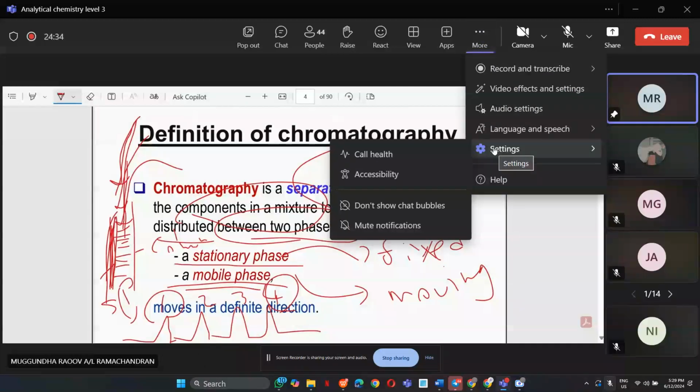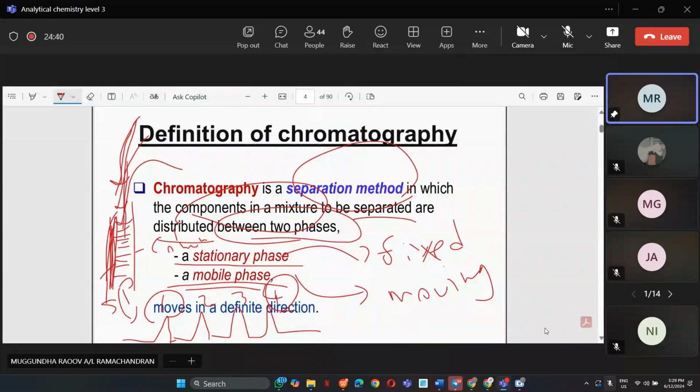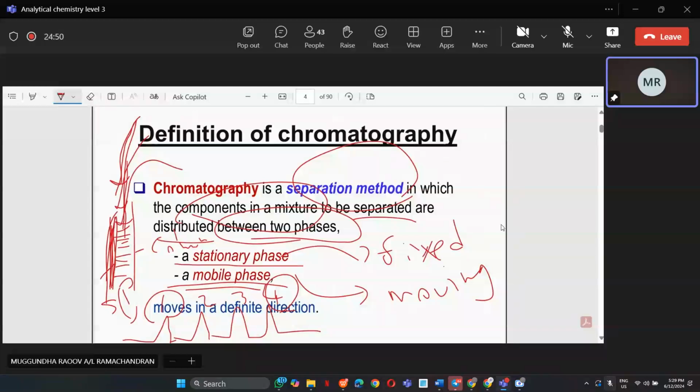So for example, with 5 compounds, the compound which has a very low boiling point will elute first. That means that compound does not interact very strongly with the stationary phase, and it will elute first, compared to the compound that interacts very strongly with the stationary phase and elutes late, which is most likely the compound with a very high boiling point.